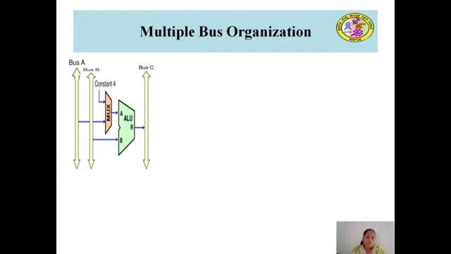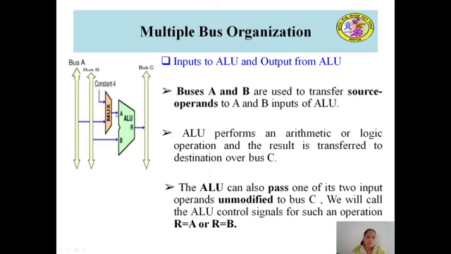The ALU is also connected to the buses, with two inputs A and B. It performs the specified operation and the result is transferred to bus C. Bus A and bus B are used to transfer the source operands to the A and B inputs of the ALU. The ALU performs the respective arithmetic and logical operation and the result is transferred to the destination using bus C.